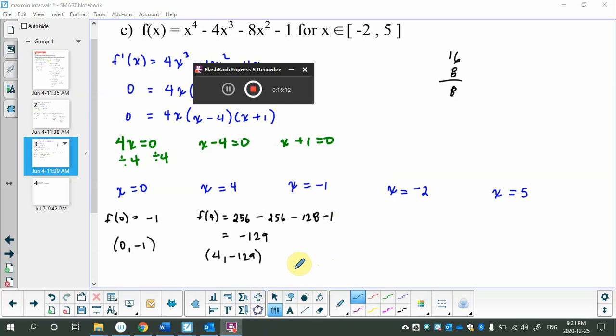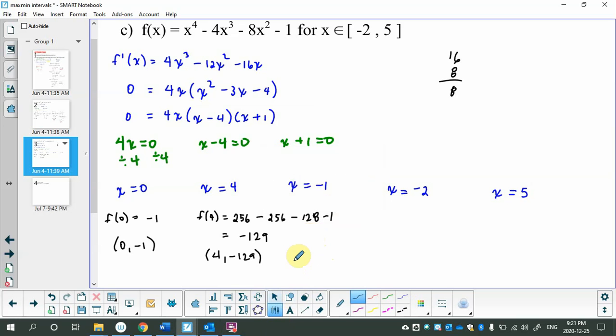Oh, am I still going? I panicked. Whew. Gosh, I hope I'm not doing this for nothing. Negative 1 to the 4th, 1. Negative 1 to the 3 is negative 1 times negative 4 is positive 4. I'm sorry if I do quick math here and it's wrong. Negative 1 squared is 1 times negative 8 minus 1. So that ends up being this minus that is 0, so negative 4.